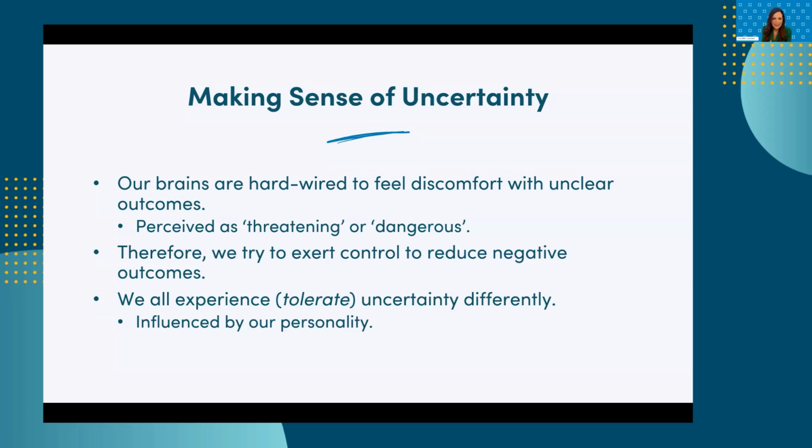Unfortunately, our brains can engage in these mental shortcuts. That is, it can lead us to think in ways that maybe aren't always accurate, or maybe we're not considering all the data. And so we can make mistakes in our decision making, sometimes even in our judgment, without quite realizing it. We also have to recognize that each of us, probably no surprise, experiences and tolerates uncertainty in a lot of different ways.